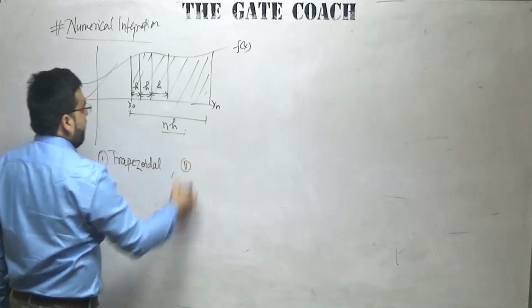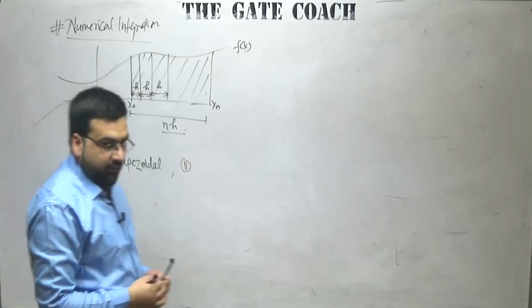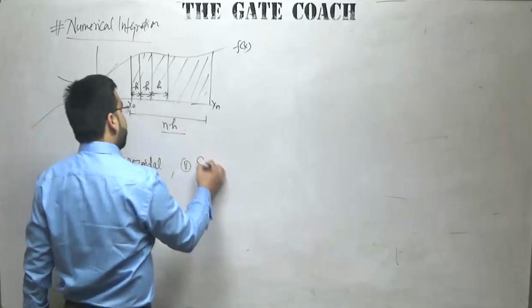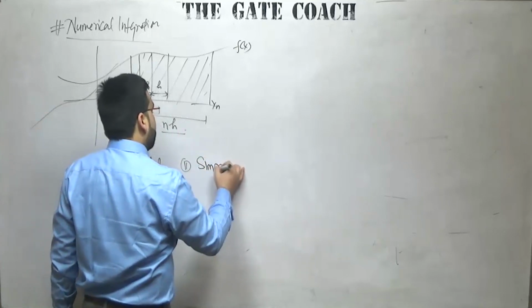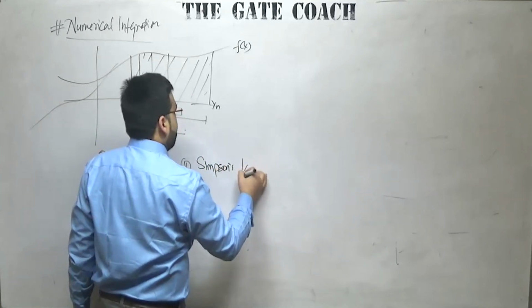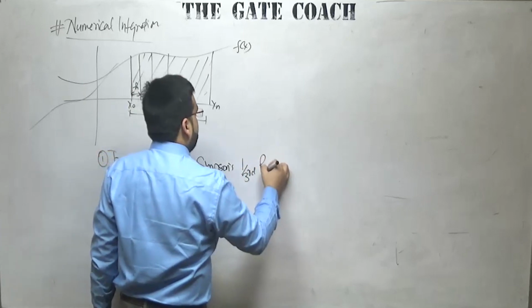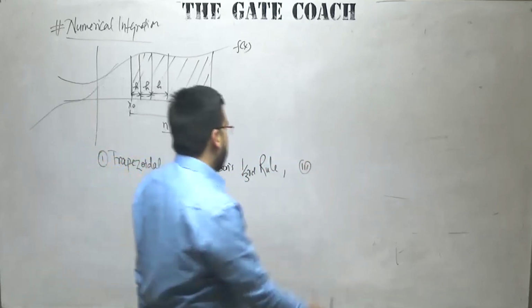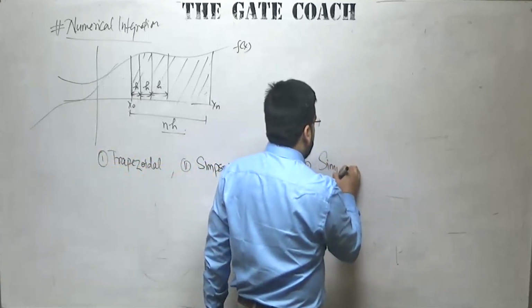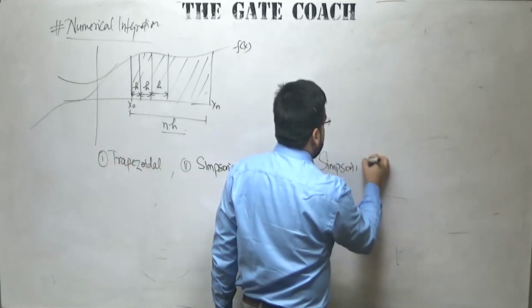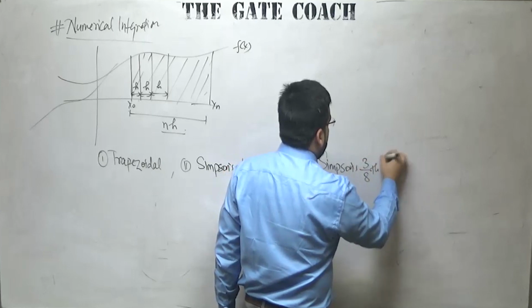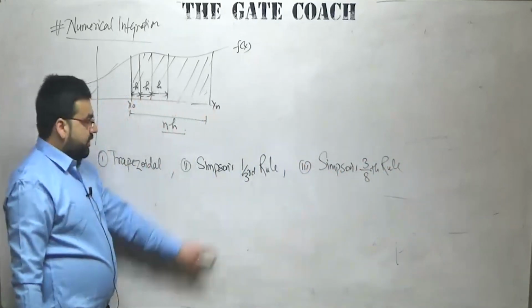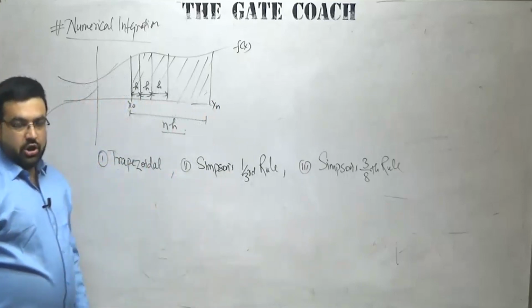The second rule is called Simpson's 1/3 rule, which is very accurate. Then we have Simpson's 3/8 rule.